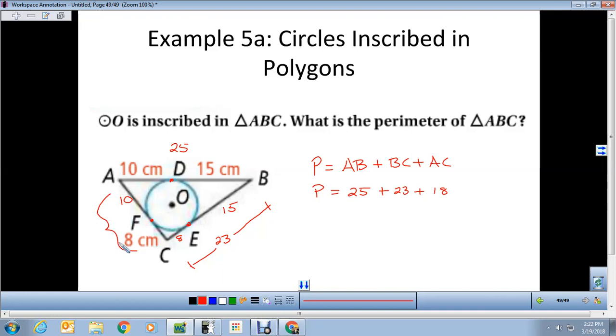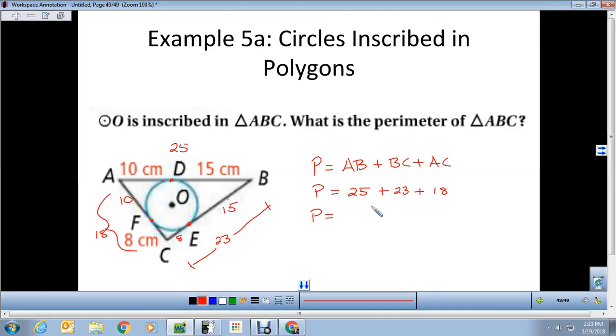Now another way you could have summed up these three sides is by just taking the ones that are tangent. 10 plus 10 is 20, 15 and 15 is 30, and 8 and 8 is 16. You could add all those up, and that would give us the perimeter.